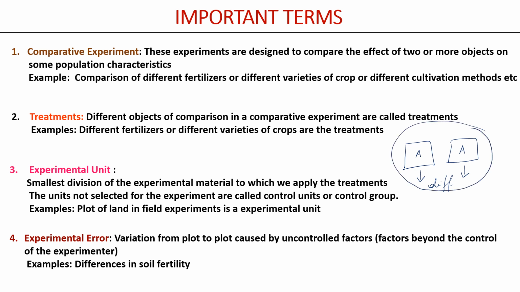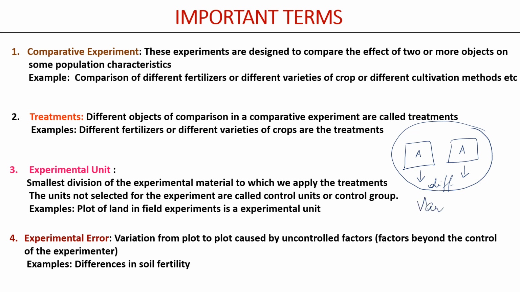So there are a lot of factors that affect the result of the yield, though the plots are just beside each other. It could be the soil fertility at that particular point, or the moisture levels in each area. So this kind of a difference that is noticed in the output variables or in the response variable creates what is called an experimental error.